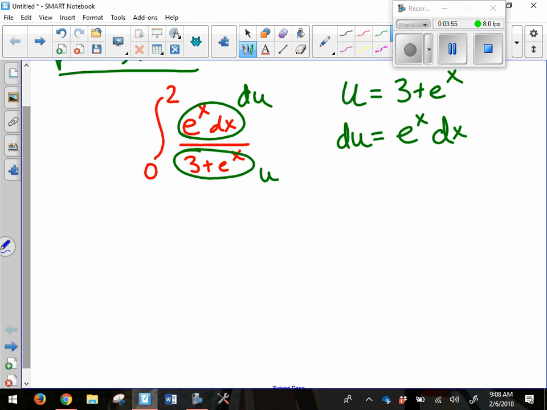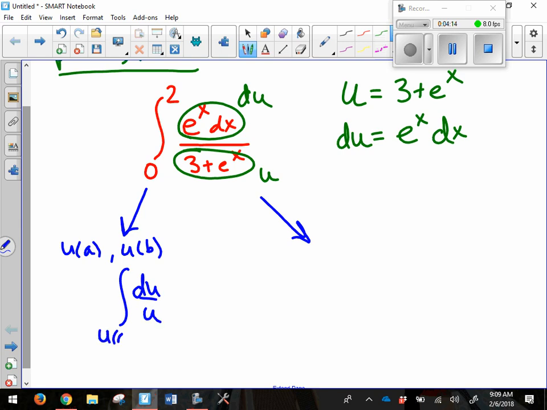And there are two ways to do this. One way to do this is to figure out what u of a is and u of b is, and then make this the integral. In this case, it would be du over u of a to u of b.